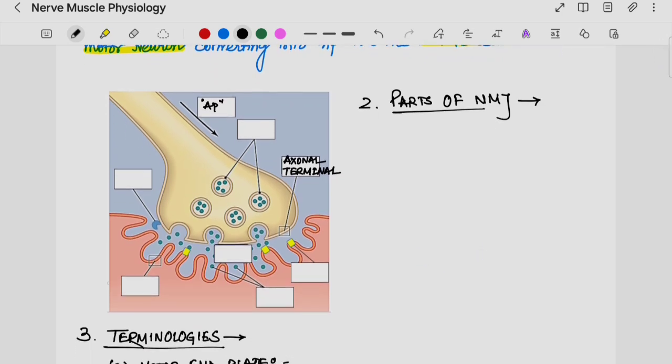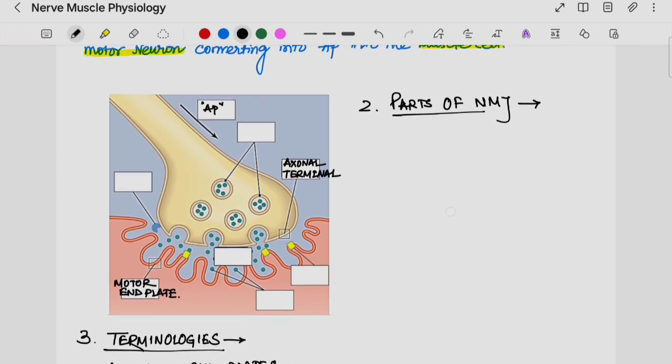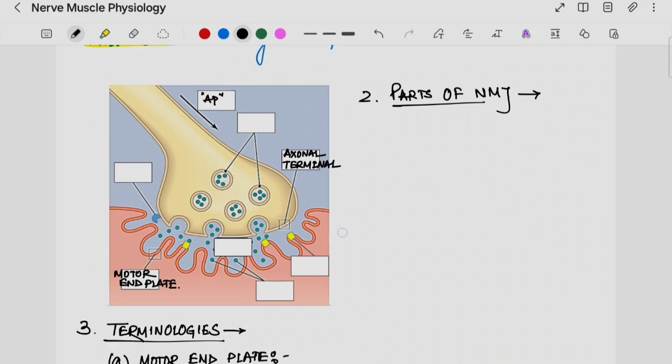And here is the motor end plate, where the axonal terminal is embedded. In between the neuron and the motor end plate there is a cleft. As you know, in a synapse there is a synaptic cleft between the presynaptic neuron and the postsynaptic neuron. In the case of the neuromuscular junction, it is not a synaptic cleft, rather it is a neuromuscular cleft.